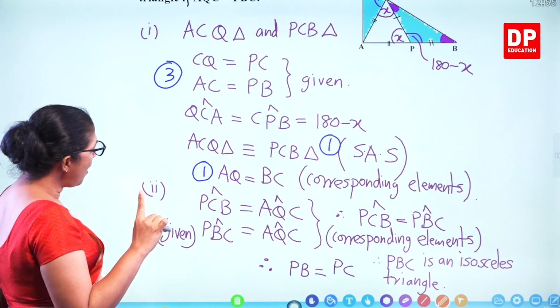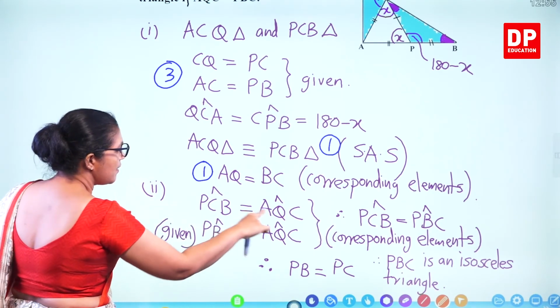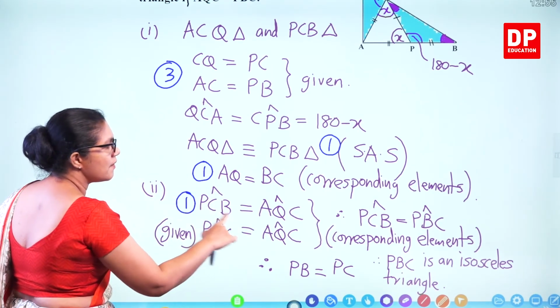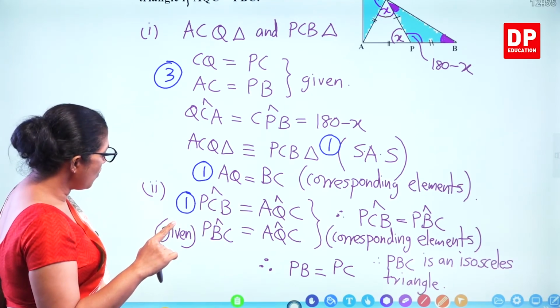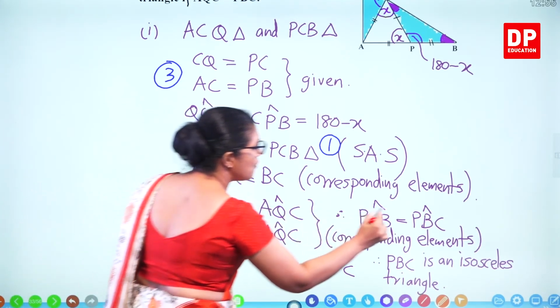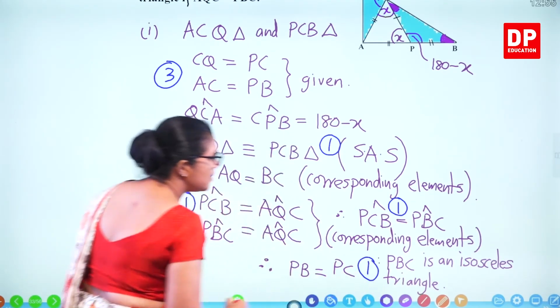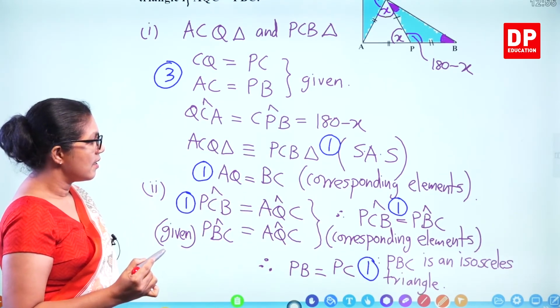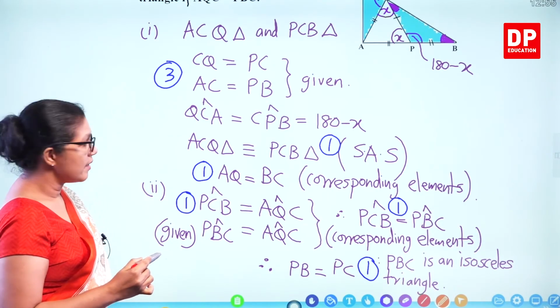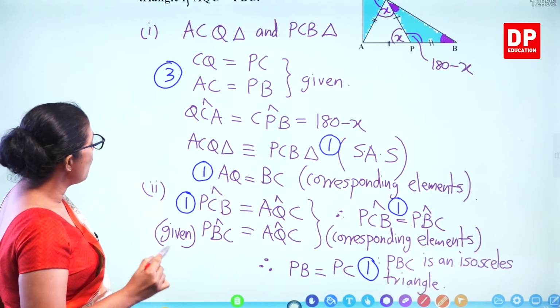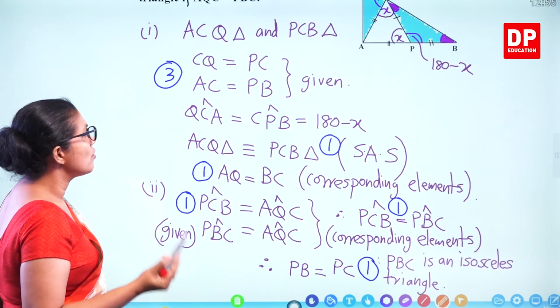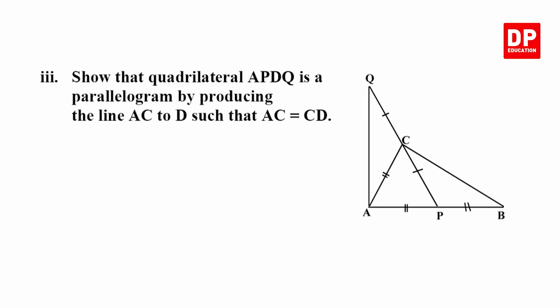And for the second part, I can give 1 mark here, giving corresponding elements are equal and using the given information, 1 mark here, and 1 mark showing that this is an isosceles triangle. So altogether 3, 4, 5, 6, 7, 8. So for the next part we can give only 2 marks.